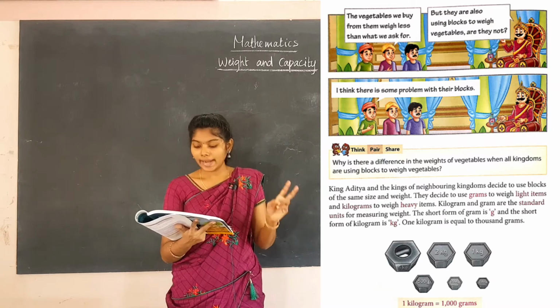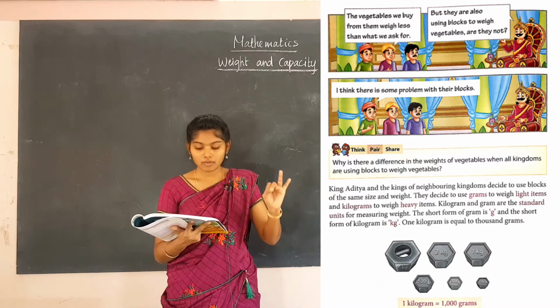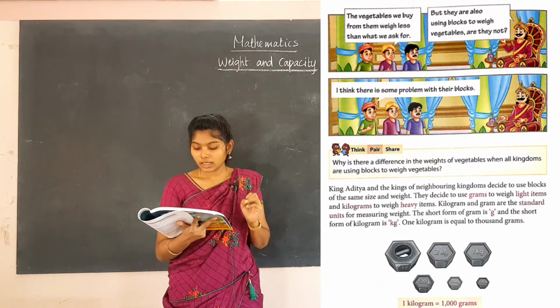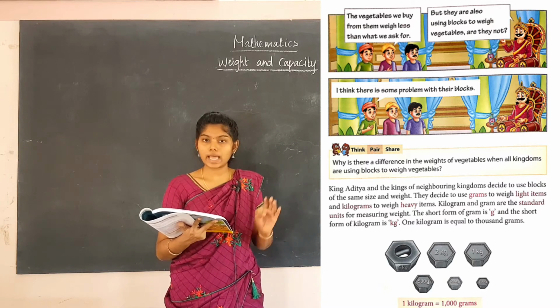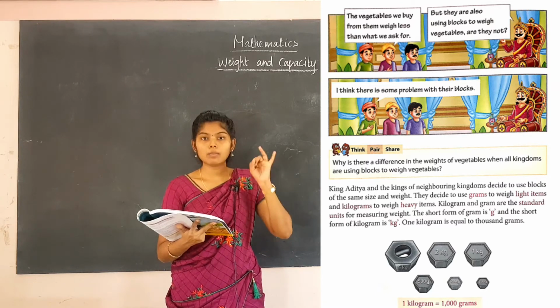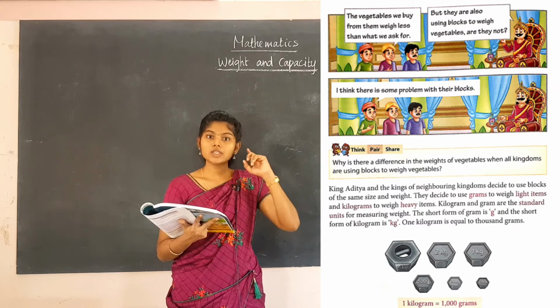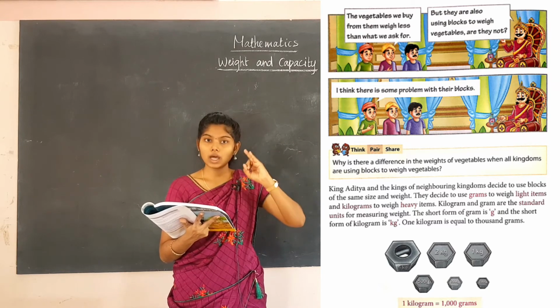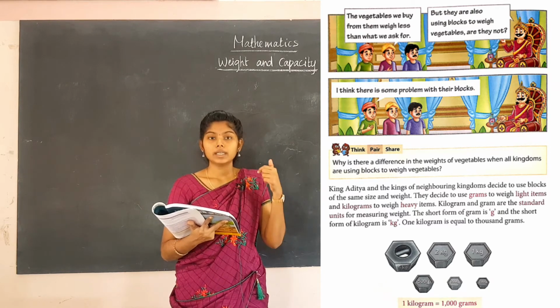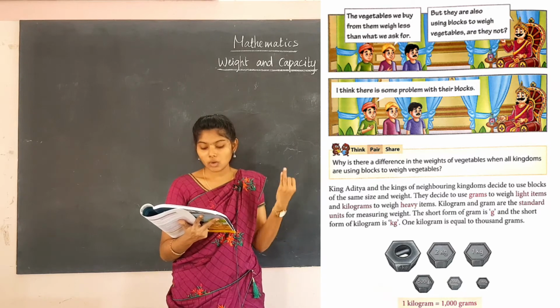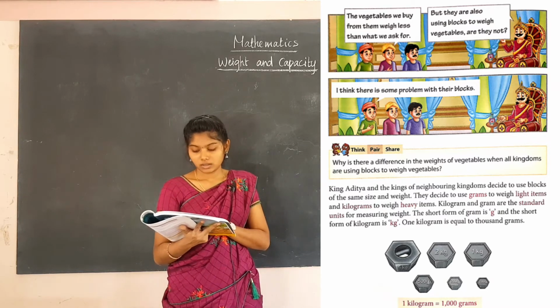So for light items they will use grams and for heavier items they will use kilograms. Kilogram and gram are the standard units. As for length, centimeter and meter are standard units. Here in weight, gram and kilogram are the standard units.